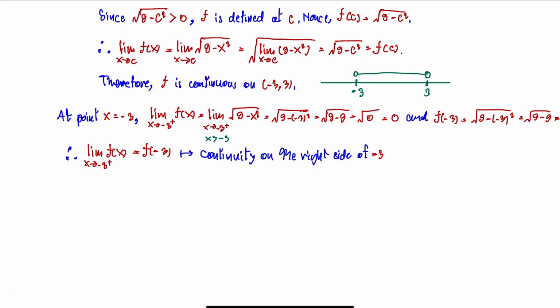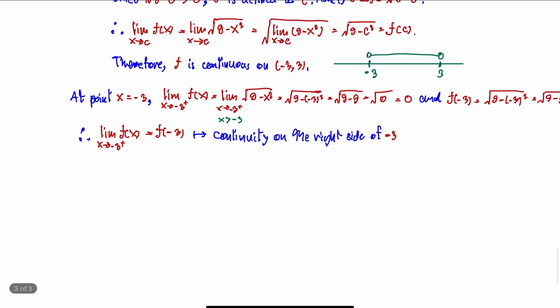Now, what about the continuity on the left side of 3, the endpoint on the right side of this function? At this point, x equal to 3, we're going to have the limit of f of x such that x approaches 3 from the left side.